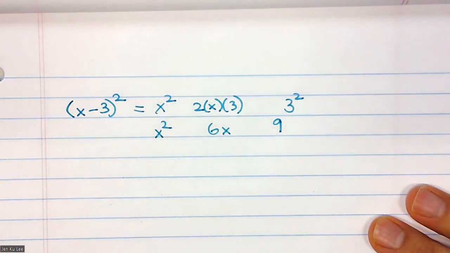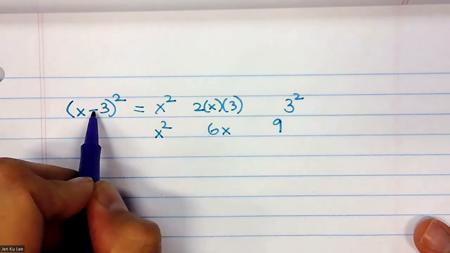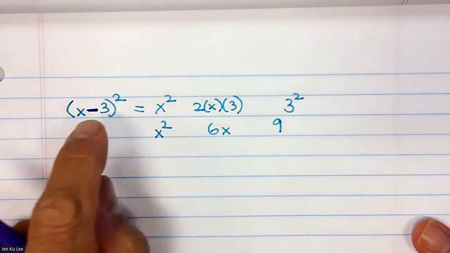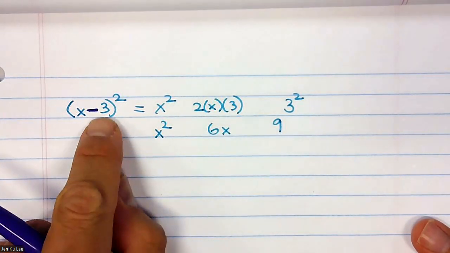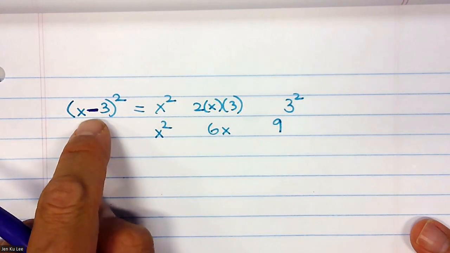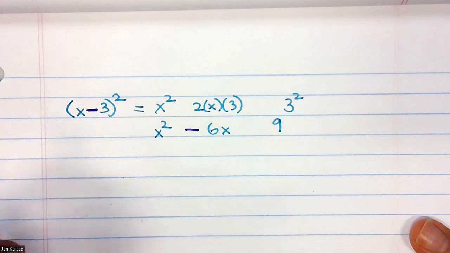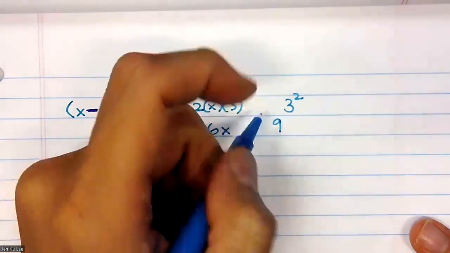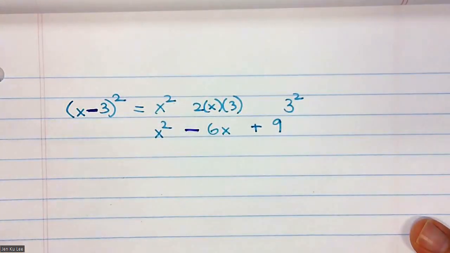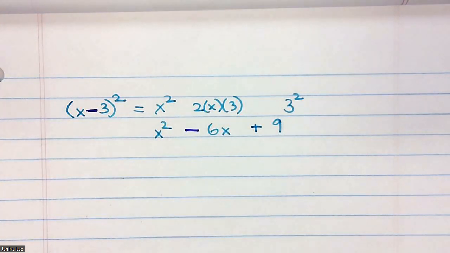And the only difference is, since this is a minus class, I'm going to have negative 3x and negative 3x if I FOIL this out, right? So that becomes a minus 6x. Okay? And this plus is the same. All right?